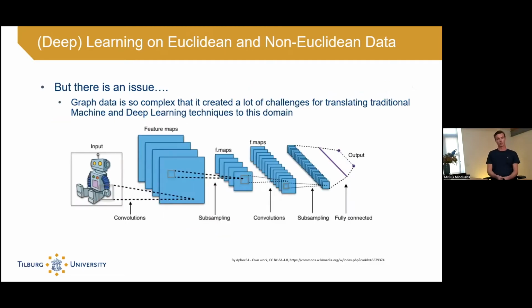But there's this issue, because we're going to talk about learning on this kind of data. The issue is that this data is so different from images or sound data that we need some different techniques to learn on it. Here you see a small example of how a typical convolutional neural network would do such a task on an image. I'll explain it briefly for those of you that are not familiar.